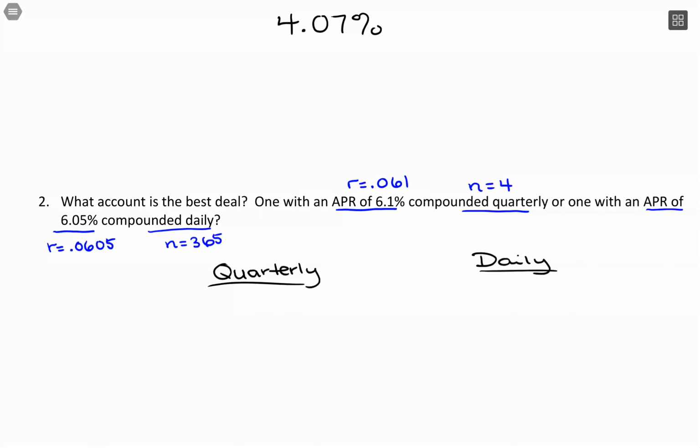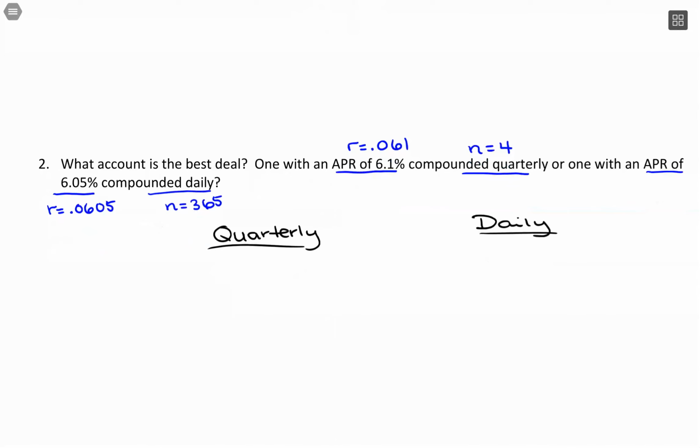Now, with these cases of comparing effective rates, you might need to go out to a few decimal places to really see how different they are. Especially in this case, these percentages are so close to each other, 6.1% and 6.05%. So I'm just going to grab a bunch of decimal places when I do this. So let's see, quarterly. I'm just going to copy from the calculator 0.062409615.